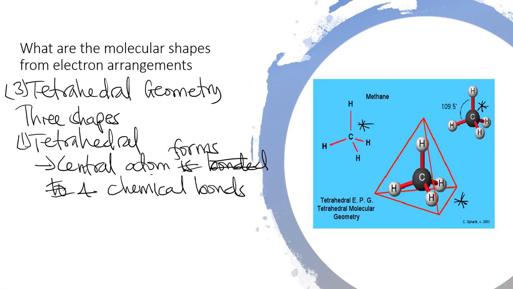So that is tetrahedral. Each central atom has a chemical bond, as you can see here. So the geometry will be tetrahedral and the shape will also be tetrahedral.